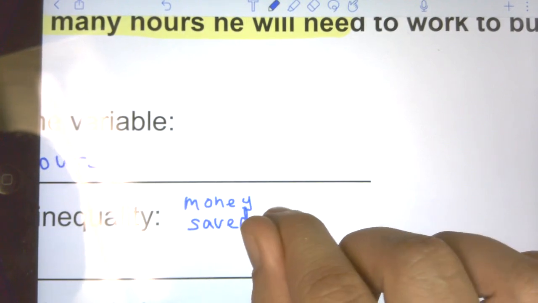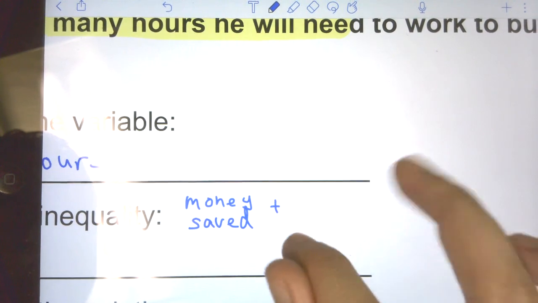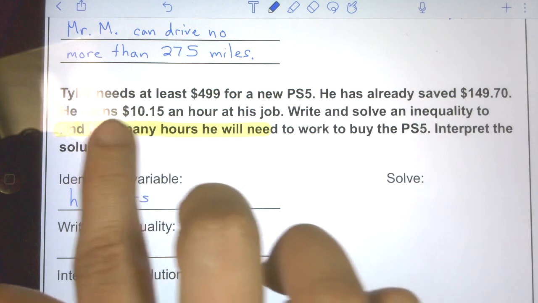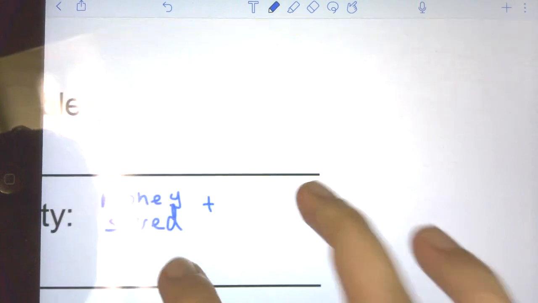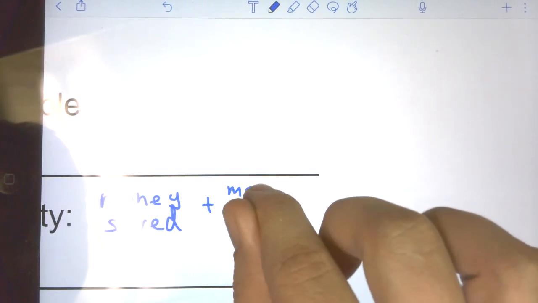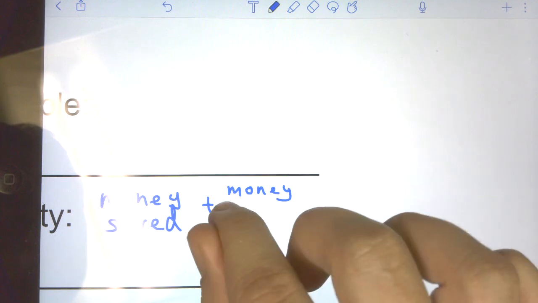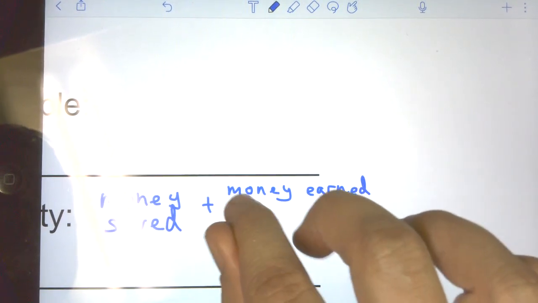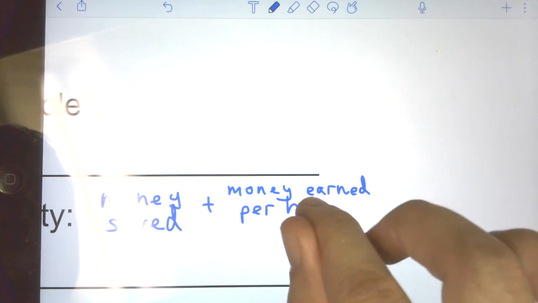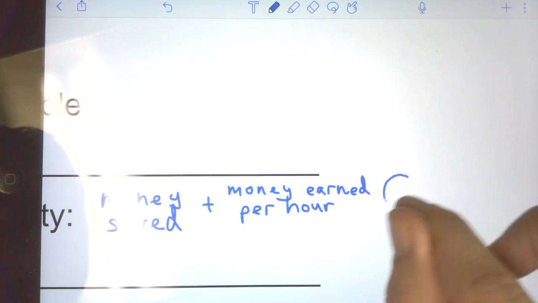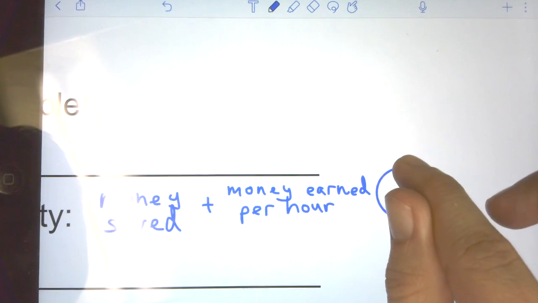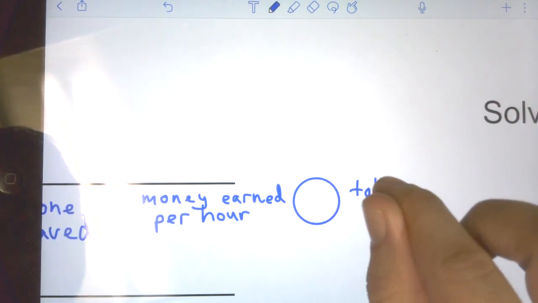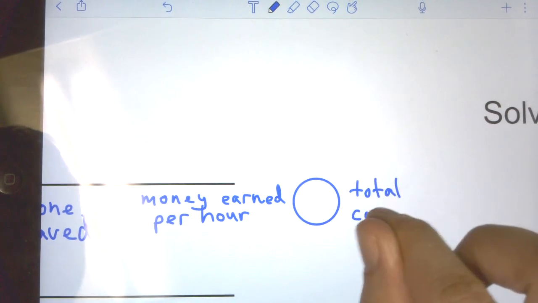In addition to money saved, we will be adding the money earned per hour. Then we'll have our inequality sign. And then this is going to be, I would say, the total cost, because we're still trying to buy something.